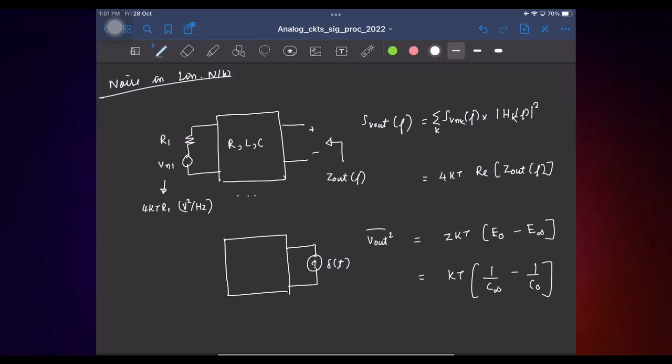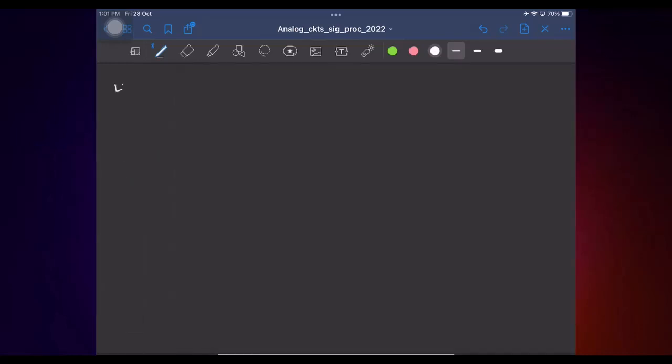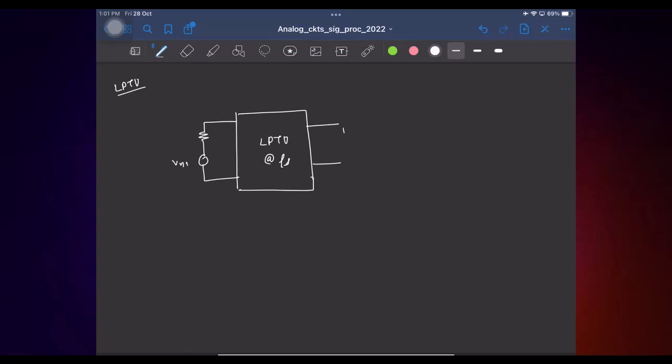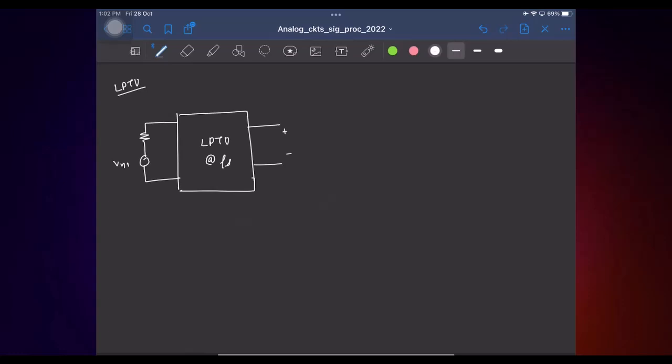So let's see what happens in LPTV network. So again, let's say this is the LPTV network, and we just say we have one resistor for the time being, and this is Vout, and I'm interested in finding the power spectral density at a frequency f.